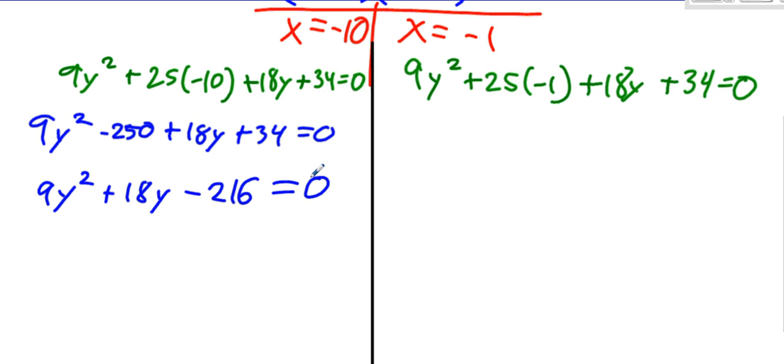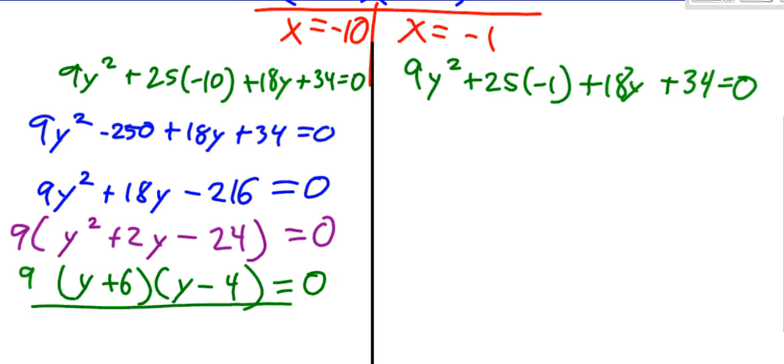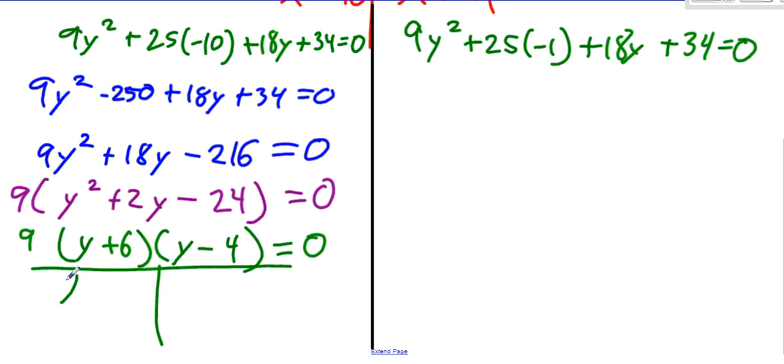And then we're going to try to solve that by factoring also. We'll take out a 9: y squared plus 2y minus 24. Finish factoring, that's y plus 6, y minus 4. Tee it up, you get y equals negative 6 and y equals positive 4.